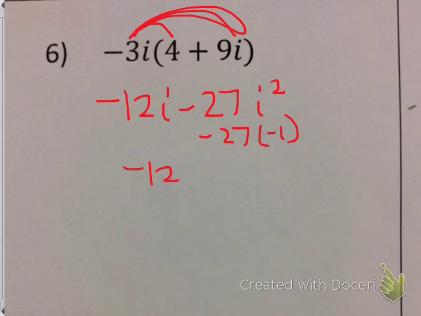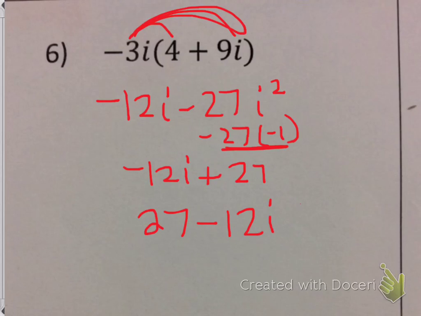To rewrite that, we'd have negative 12i, and this becomes plus 27, because a negative 27 times a negative 1 is a positive 27. So this is actually our solution. We should always write it in real plus imaginary form, so I'm going to put that 27 first, subtract the 12i from it for my solution to look like this.